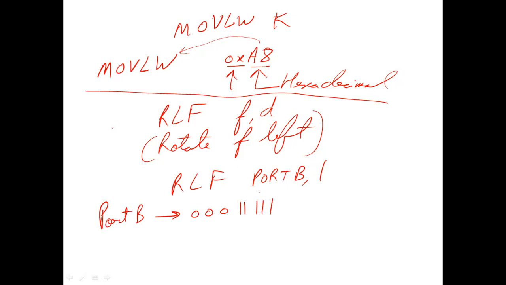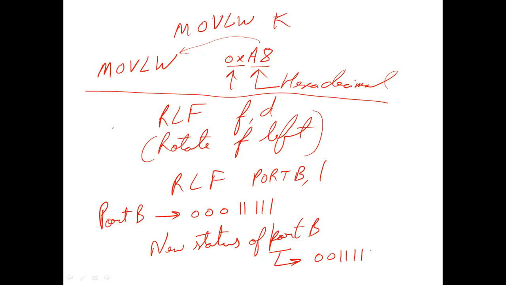Now this command, what will it do? It will make the new status of port B become the shifted value, this will become the new status, right?